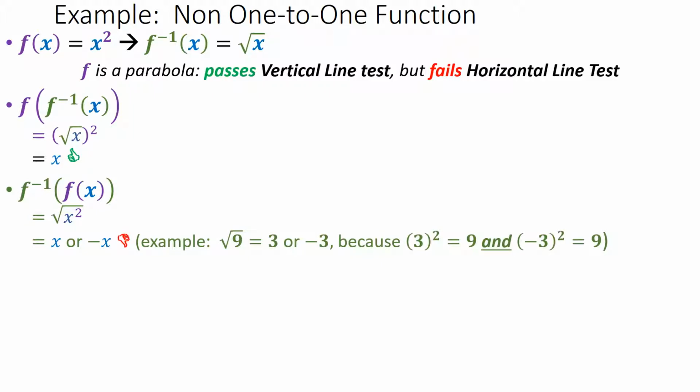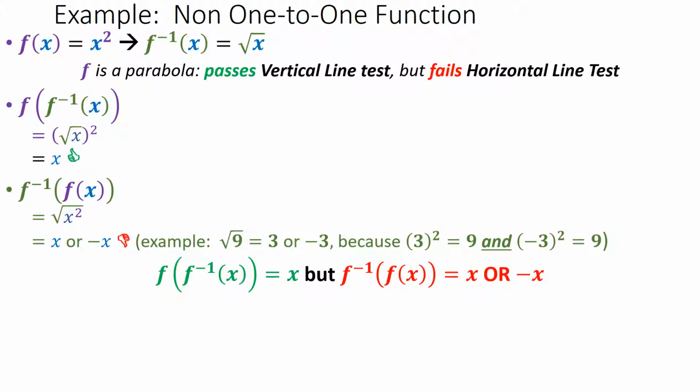Problem here is that the square root function can give us both a positive and a negative answer. So for example, if I have square root of 9, that can be 3 or it can be negative 3, because 3 squared is 9, but also negative 3 quantity squared is equal to 9.